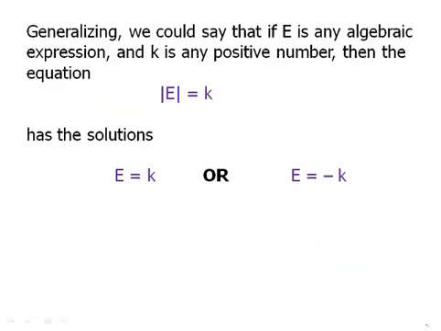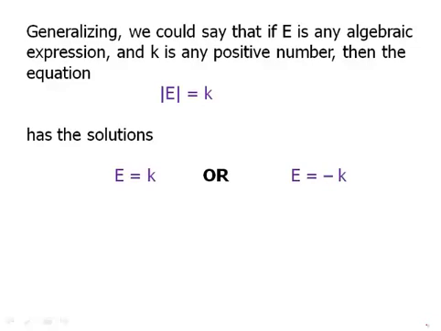Generalizing, we could say that if E is any algebraic expression and K is any positive number, then the equation absolute value of E equals K has the solutions E equals positive K or E equals negative K. I should hasten to add here, this notation I'm using, E for an expression, I just made up on this page. This is not a general notation that you're going to see anywhere else. I'm just using it for shorthand here.